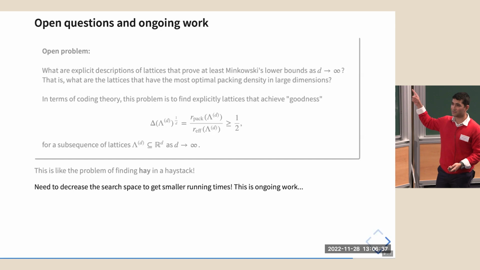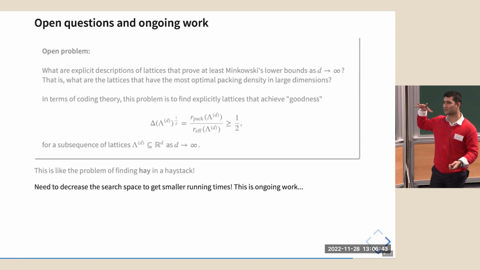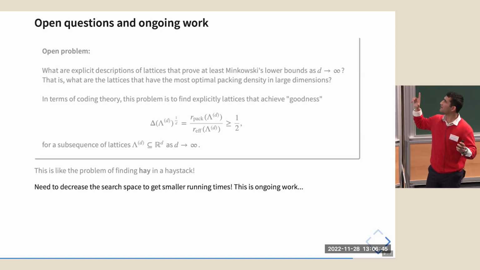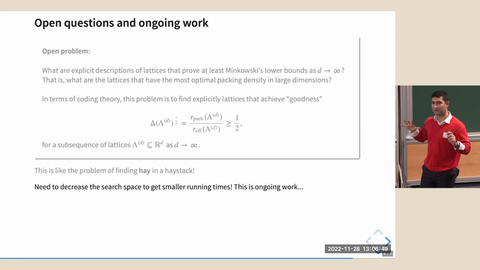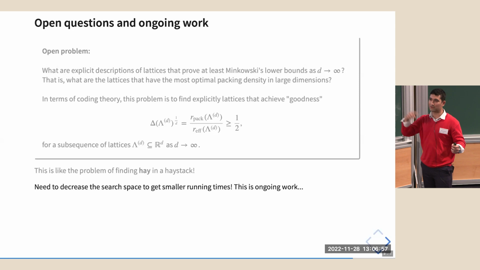So Fassmann has results in this. In fact, he has a survey from the 90s, and he talks of all the attempts. He goes the other way: he starts with lattices that you can generate in polynomial time, but the lattices that he created don't quite achieve even Minkowski's lower bound.